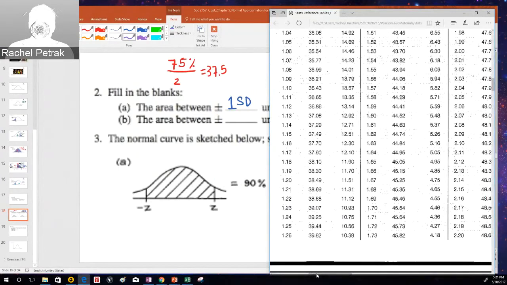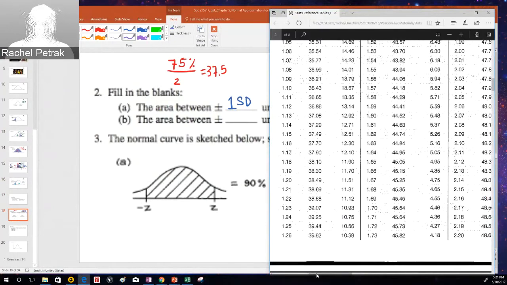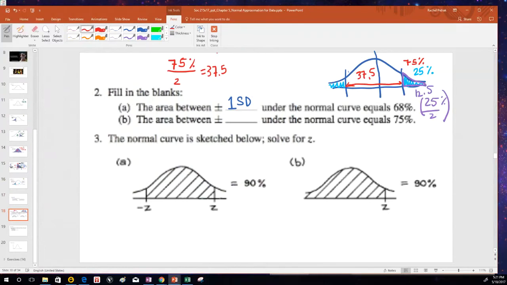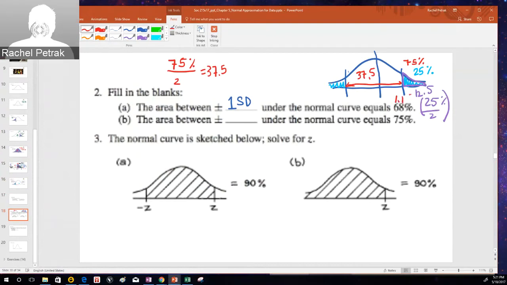So here I am in the mean to z column. I'm looking for 37.5, or as close as I can get to it. And here I have it, 37.49. That's clearly as close as we're going to get. And it's a z-score of 1.15. So that tells me the z-score for these points is 1.15 and negative 1.15.